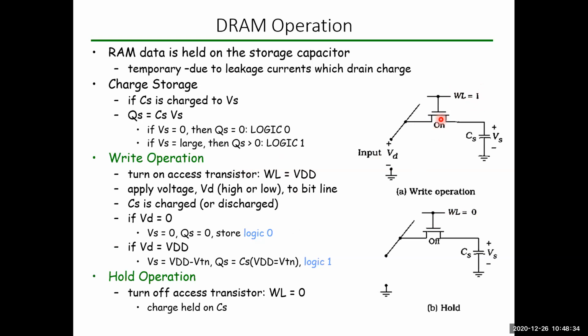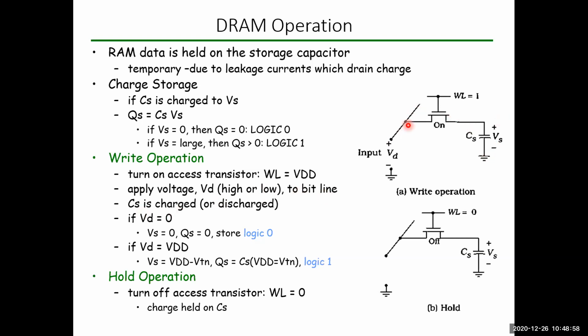Then we are supposed to apply some voltage to this particular bit line. You can see here VDD or some voltage VD is applied. It can be a high voltage or a low voltage. Depending upon the voltage you apply, that voltage will be stored in the capacitor. So if you apply a voltage to the bit line, then CS is charged.